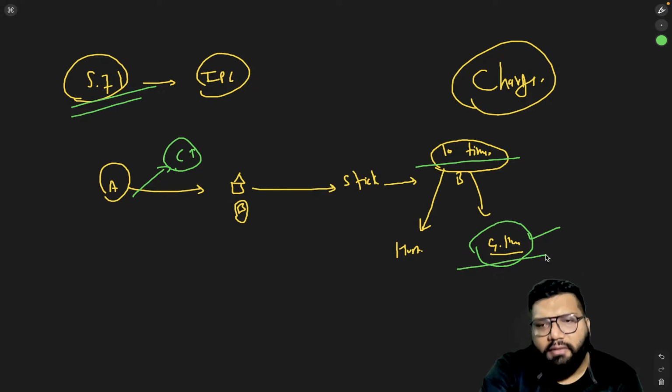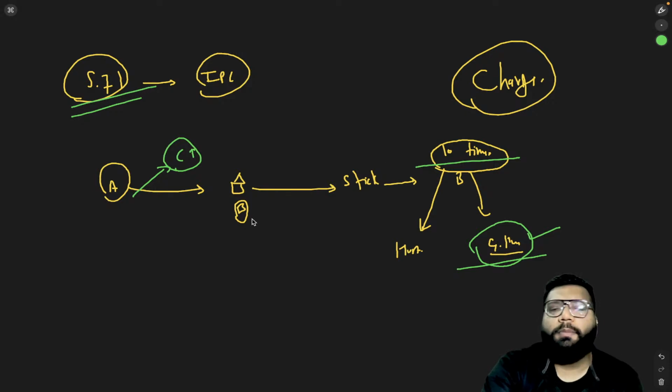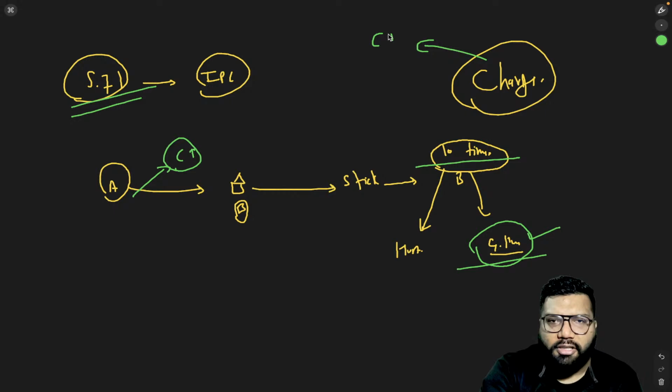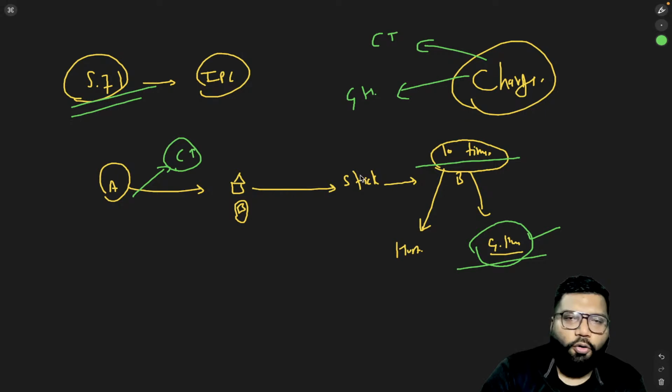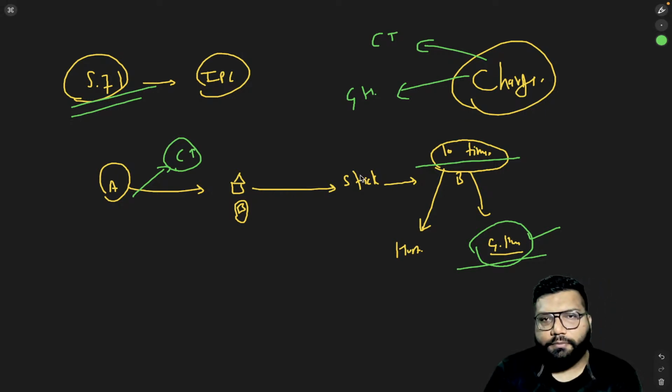There is only one grievous hurt. And because he entered the house with criminal intention without the permission of B, we will put charges of criminal trespass and grievous hurt. I hope this will help.